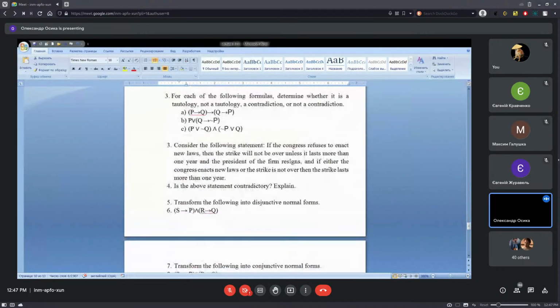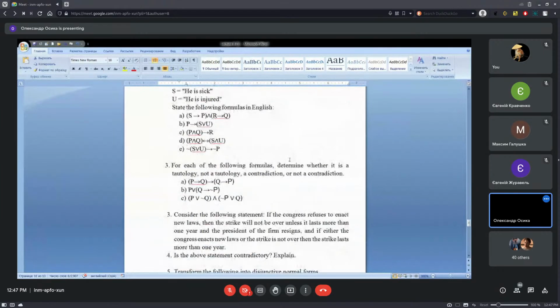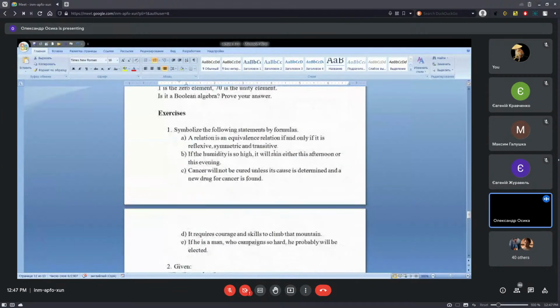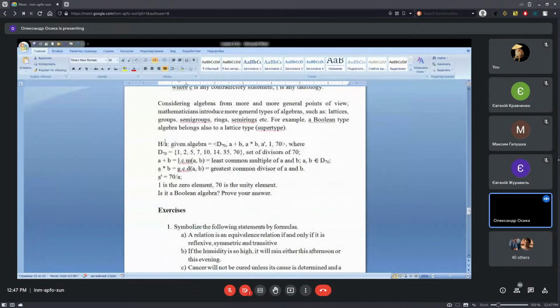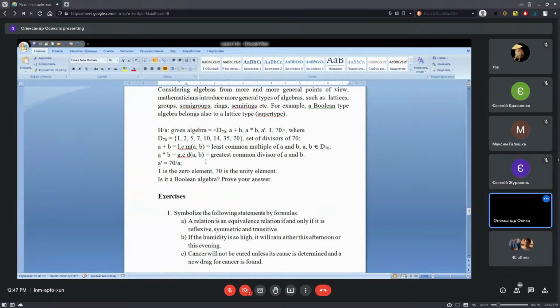You have to think about it, because just listening to it for the first time, it is rather difficult to understand what is required. But I have explained, and the result of any of these operations should also belong to this set.